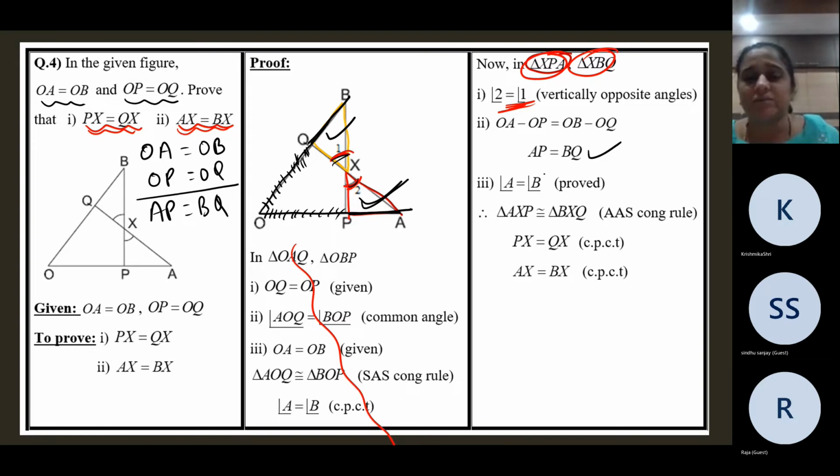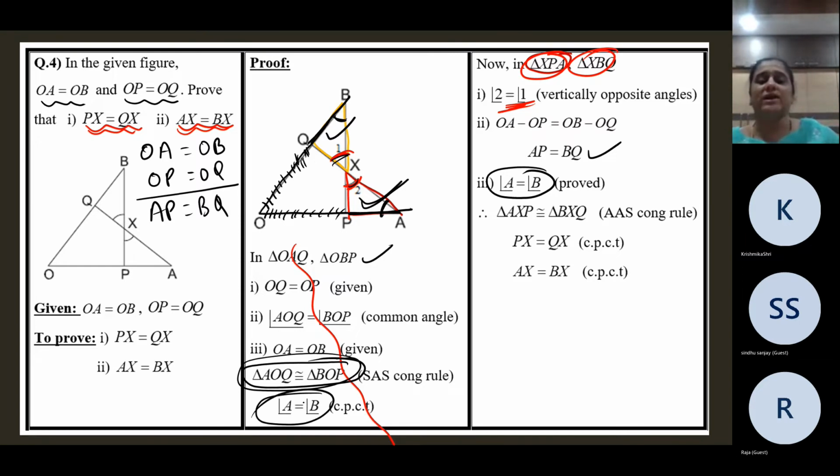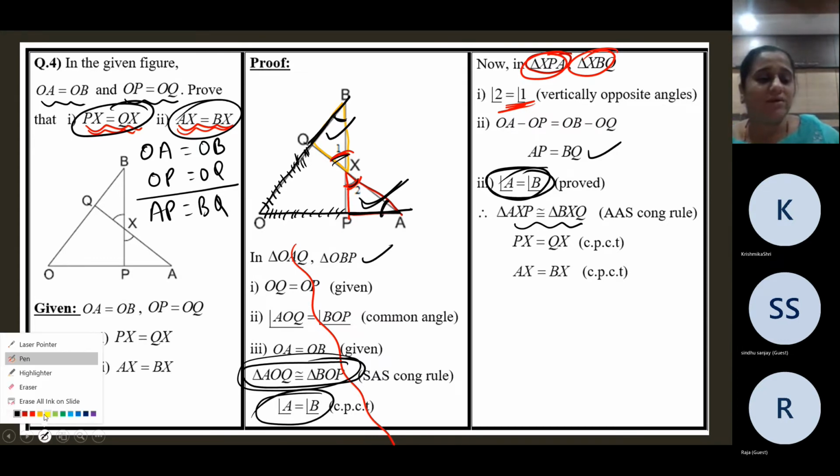We don't have angle A is equal to angle B. So from the congruency of these two triangles, we get this information: angle A is equal to angle B. We use that here and complete the proof. Once you prove that they are congruent, these two results follow by CPCT.